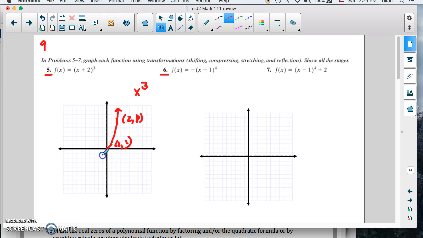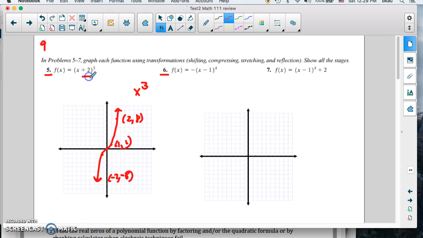It also does the same on the opposite side. So it does negative 1 and negative 8, so right here it drops down to there at negative 2, negative 8. Okay, so that's x to the third.